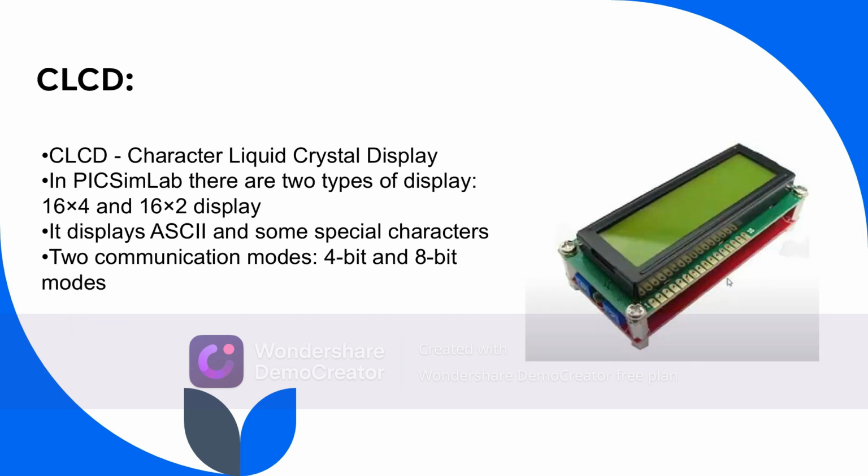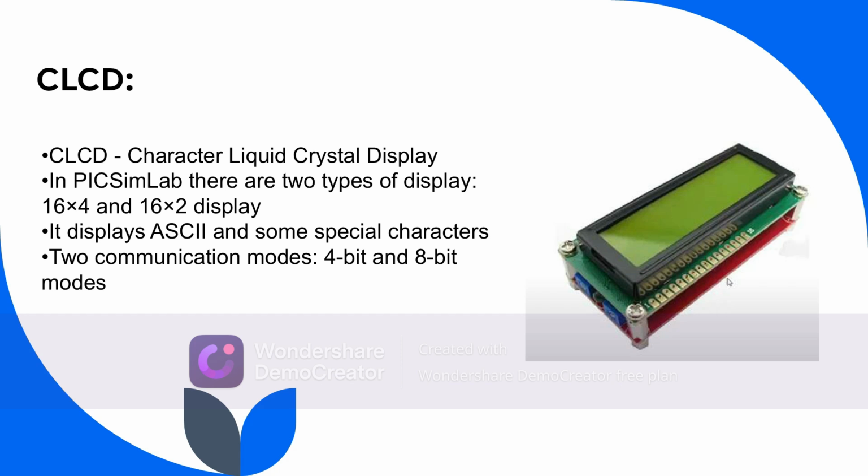Now we'll talk about one important component which we'll use in this project, that is CLCD. It is a character liquid crystal display, and in the software which we are using, that is PICSimLab, it has two types of display, that is 16 cross 4 and 16 cross 2.